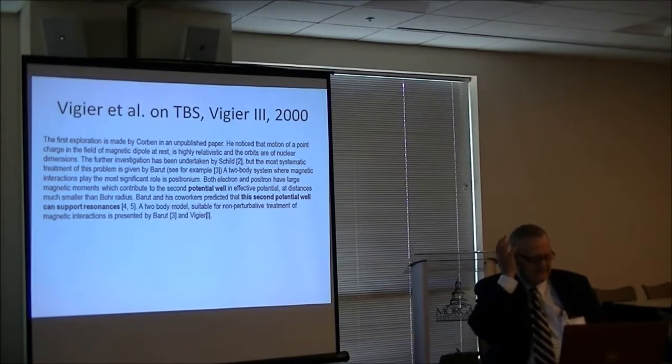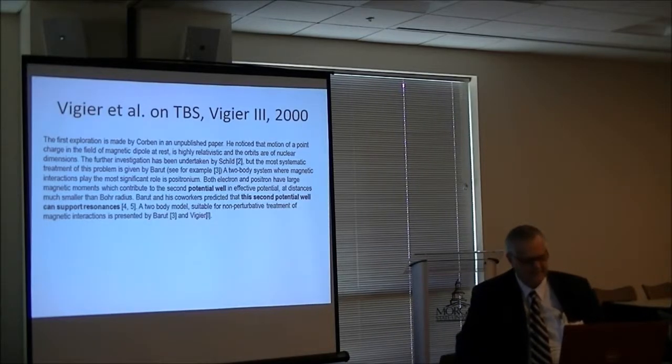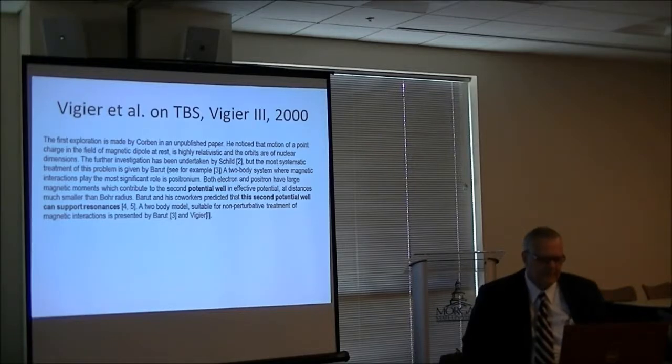This, in 1999, was part of Vigier's original work, which is similar in some ways to the Chandler ideas. A fellow named Corbin noticed that the motion of a point charge in the field of a magnetic dipole at rest is highly relativistic, and the orbits are of nuclear dimensions. Further investigation has been undertaken by Schild, but the most systematic treatment of this problem is given by Barut.